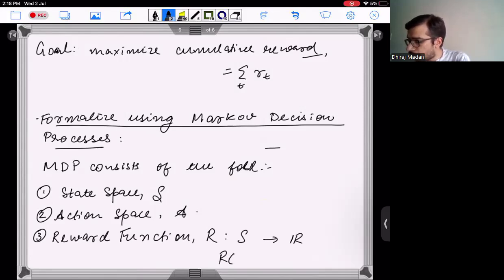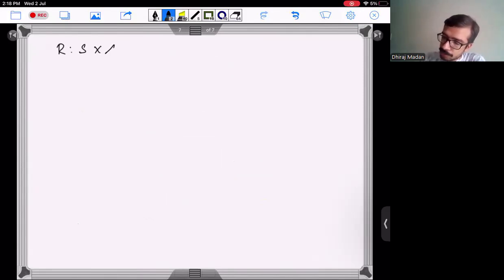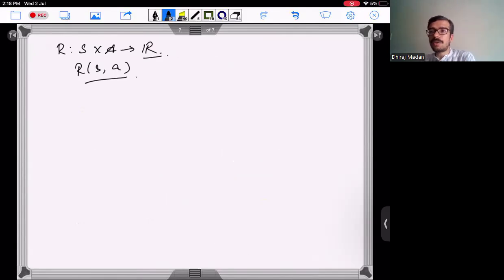So I can denote it by R(S), where S is a state. Sometimes reward functions can also be a function of both states and actions to reals. So you can denote it by R(S, A). Right? So these rewards can be positive or negative, as we have seen in the grid world example.